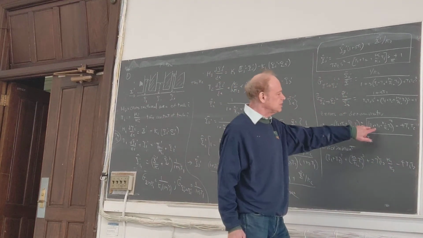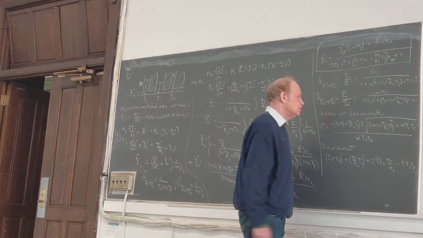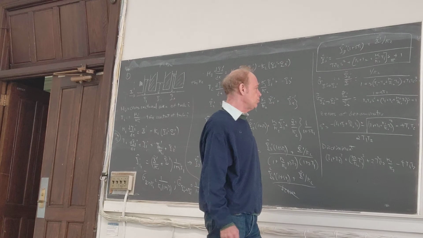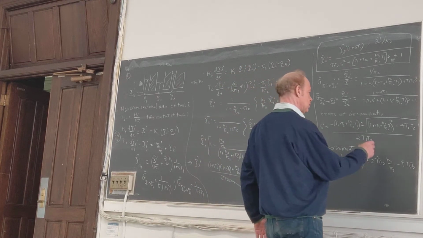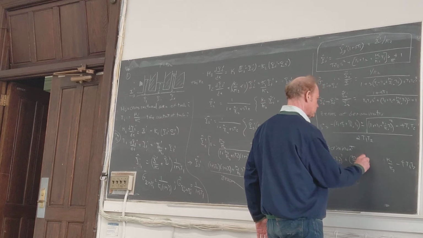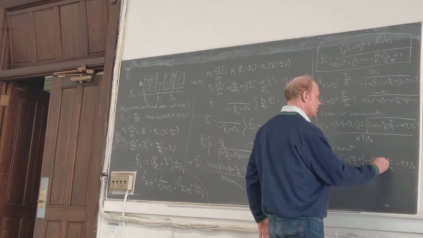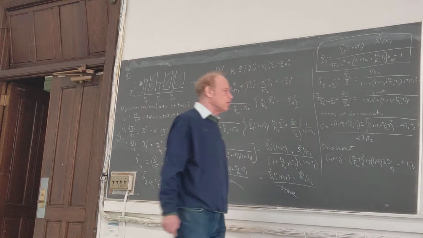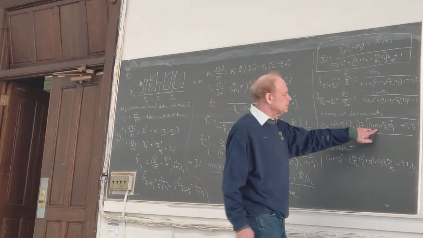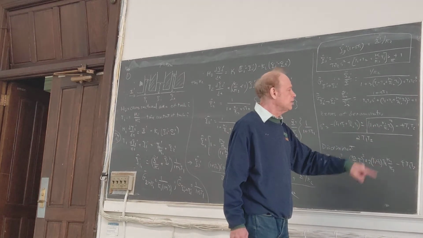So what I did is I took this thing squared plus this thing squared plus twice this times this. Did I put the 2 in? No, I didn't do that, right? Plus 2 T1 plus T2 times K1 over K2 T1. So it's this thing squared plus this thing squared plus twice this thing times this thing minus that.